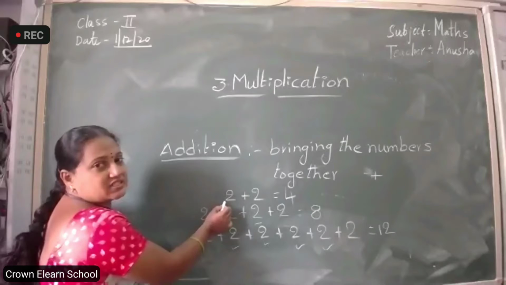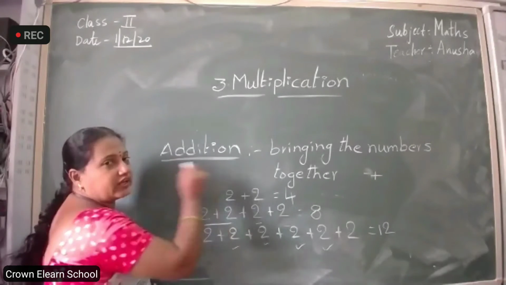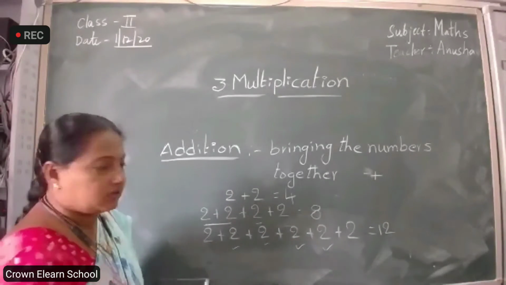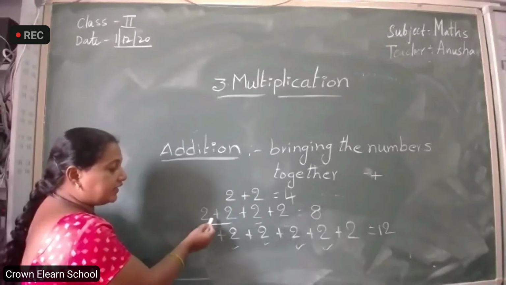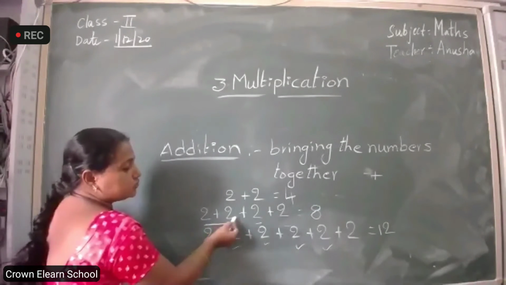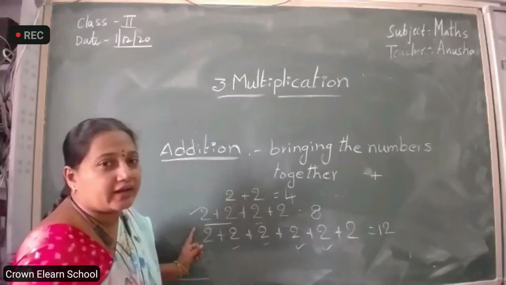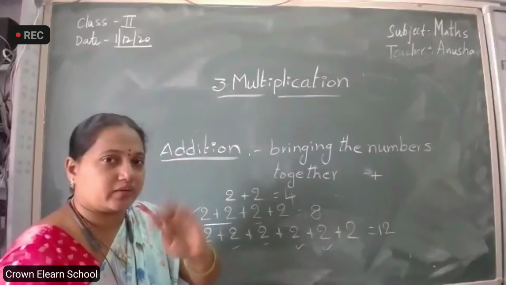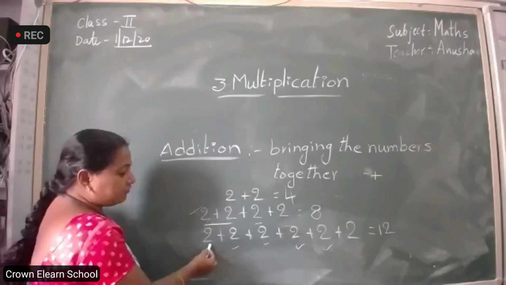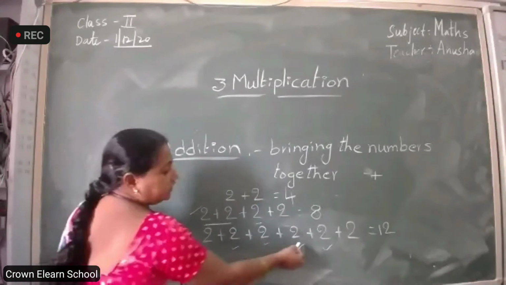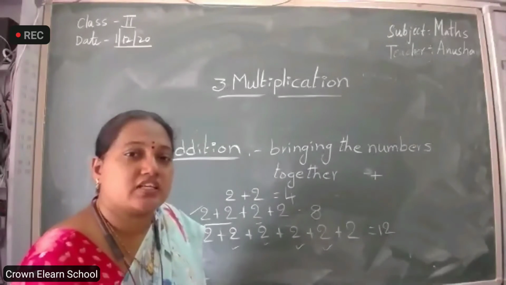In the first example, you are adding 2 times. Yes? Now come to here. The same 2 you are adding here. 1, 2, 3, 4 times you are adding. In the second example, you are adding the same 2, 4 times. In the third one, how many times you are adding, Nana? 1, 2, 3, 4, 5, 6. 6 times.